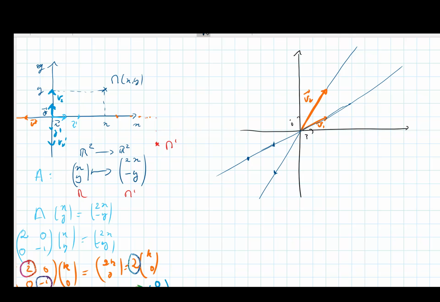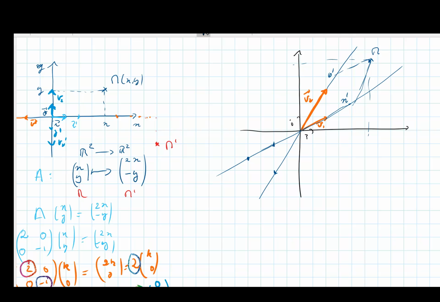If I'm given something in terms of i, j coordinates, I want to be able to express it relative to the v1, v2 vectors. So instead of relying on the original Cartesian coordinates, I want to say that my vector OM is x prime times the vector v1 and y prime times the vector v2.